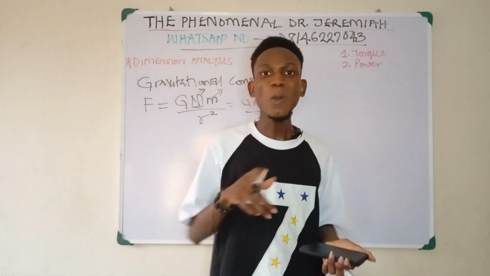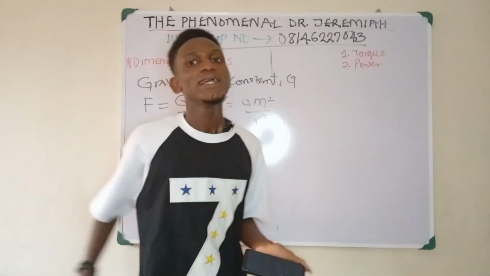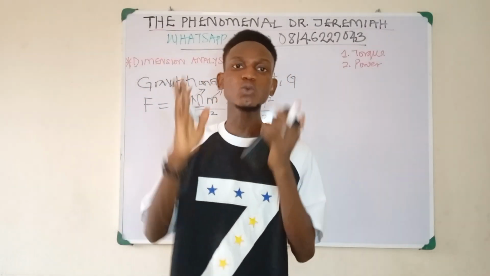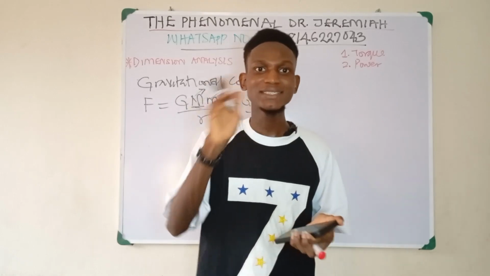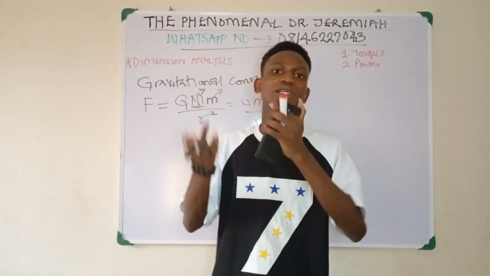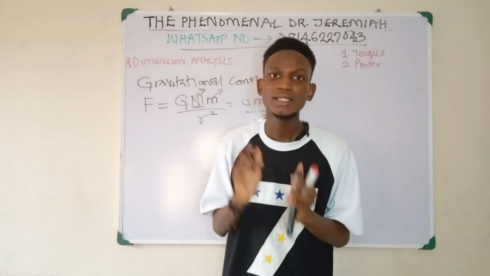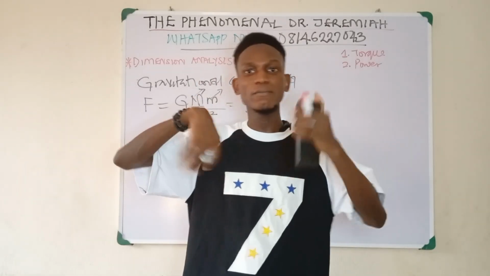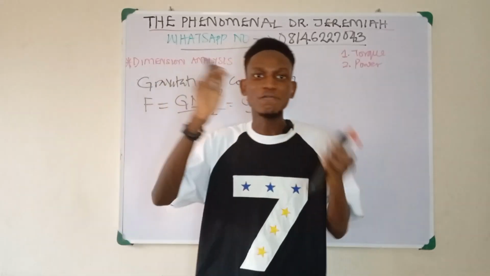Why I'm giving you this one is that this shortcut method works for any long quantity in physics, because they basically must have force inside them. Work done is force times distance, pressure is force over area.